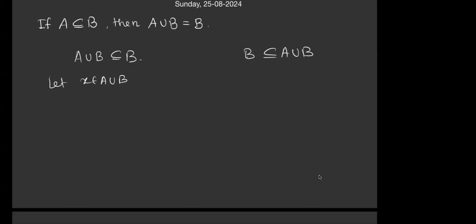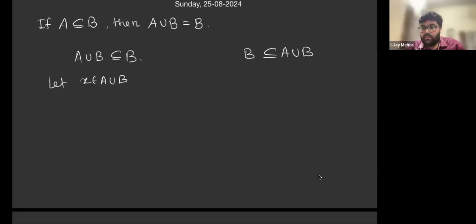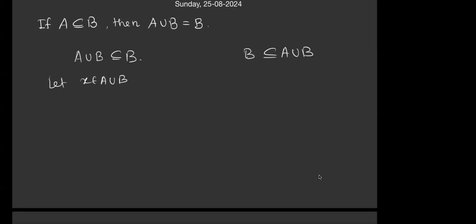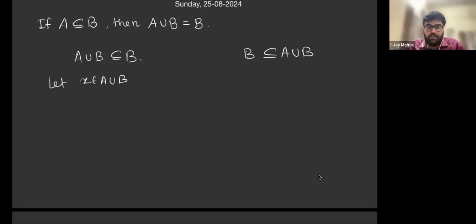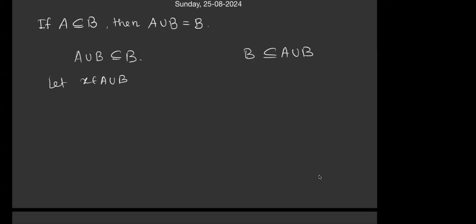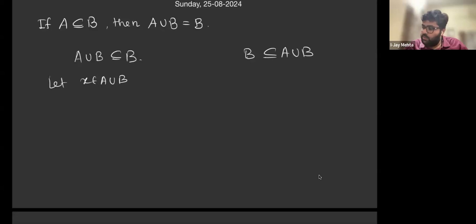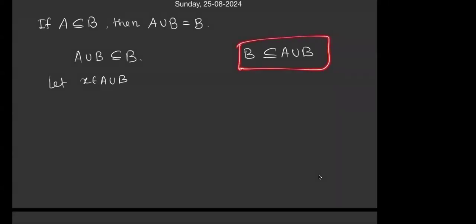What do I show now? B is a subset of A union B. How do I show that? Where do we start? X belongs to A. Why would we start with X belongs to A? If I want to show this, where do we start?